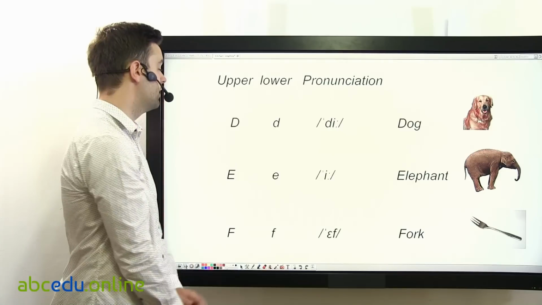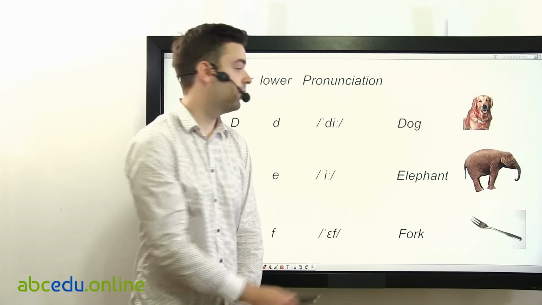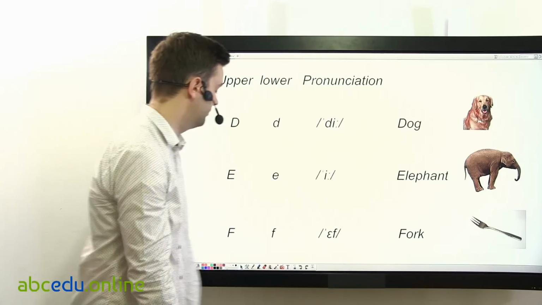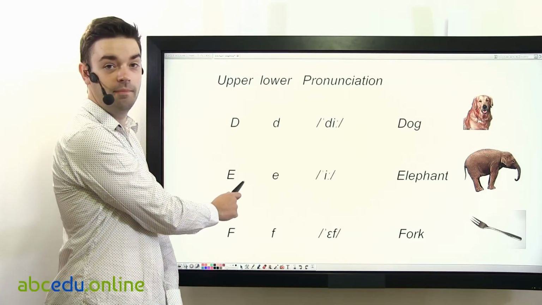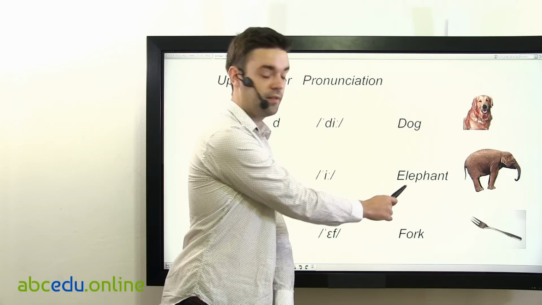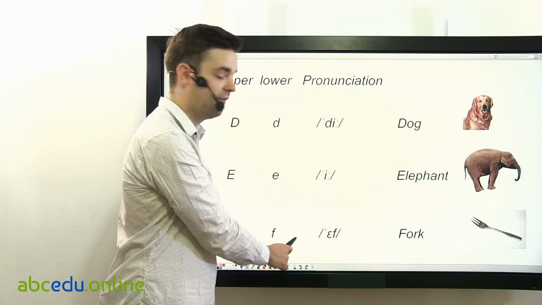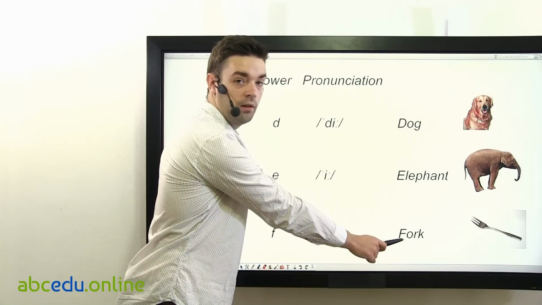Then we've got D. D is for dog. E. E is for elephant. F. F is for fork.